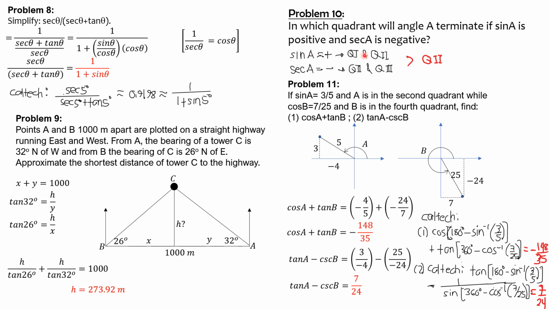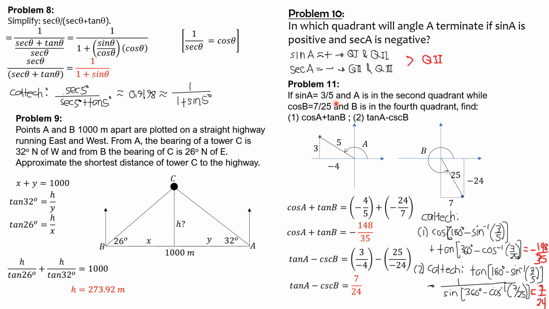Secant of A is negative if x is negative, because secant A is r, which is always positive, over x, and x is negative in quadrants 2 and 3. So the answer is A, quadrant 2, because it is common to both conditions.